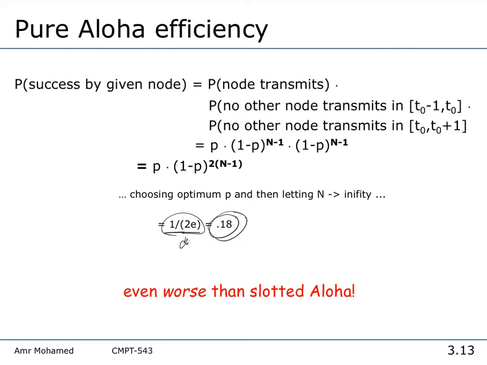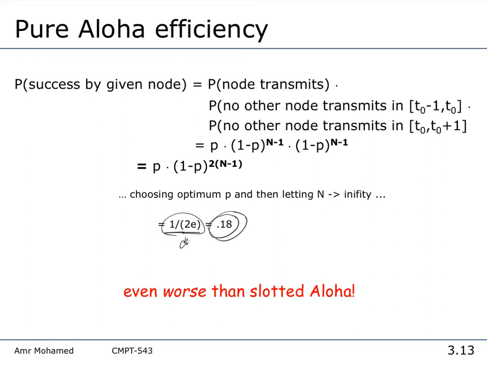The exact same curve is valid here, but the maximum is reduced from 37 or 36 to 18% only, which is really, really low. So this is an indication that ultimate freedom is not good.